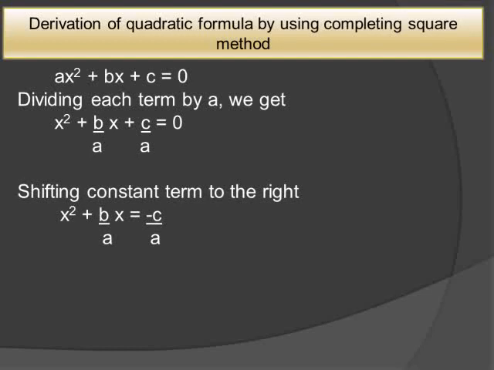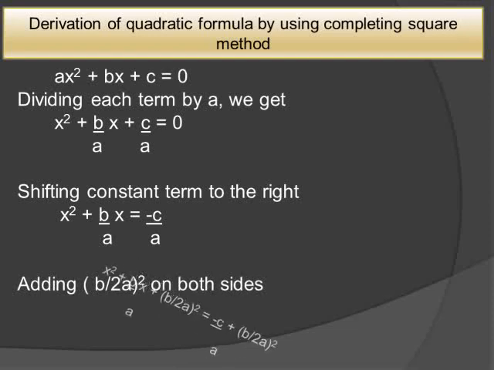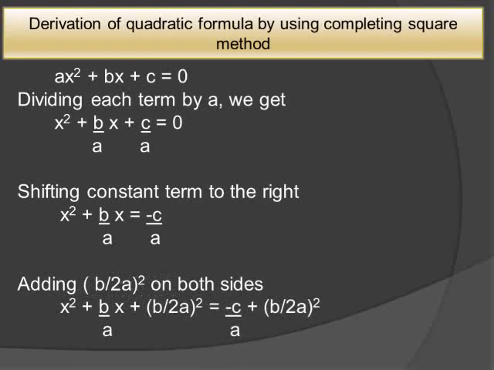Now we have to add the square of b over 2a on both sides of the above equation. So we can write x square plus b over ax plus square of b over 2a is equal to minus c over a plus square of b over 2a.